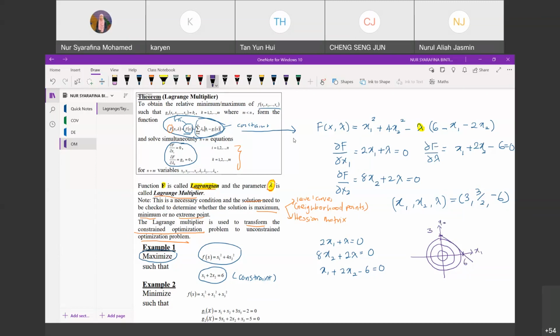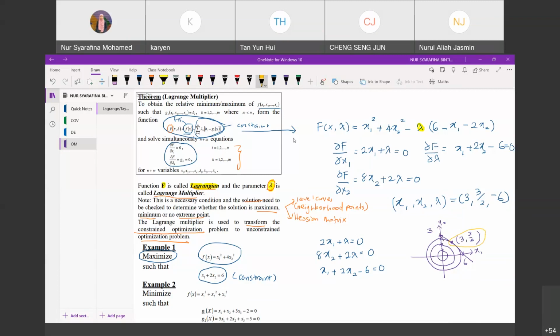This is 3 over 2. And as you can see, the local maximum of the curve can be here, here, or here. And as you can see, the critical point is located here. Is it maximum enough or not?